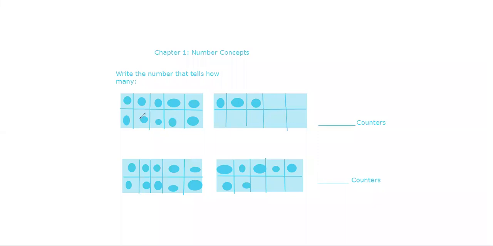And an easier way to do this is that if you see a whole box of counters full, then that means there are 10 counters. So you don't have to count anything. So 10 plus 1, 2, 3 is 13. So our answer is 13 counters.